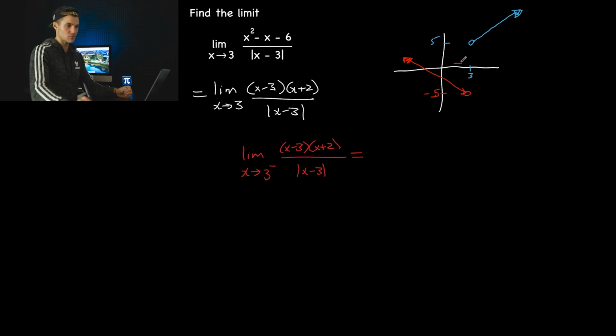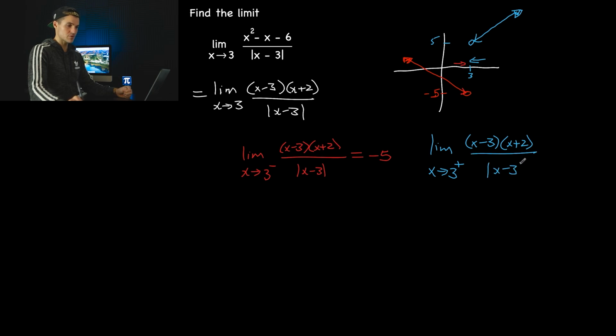As we approach 3 from the negative side, we're approaching negative 5, and then the limit as x approaches 3 from the positive side, or from the right side, we're approaching that y value of 5. So let's write out this limit fully, make it proper. So we would say that's equal to positive 5.